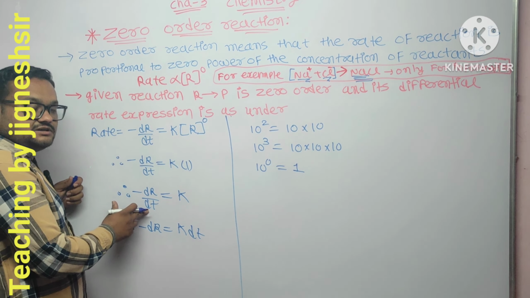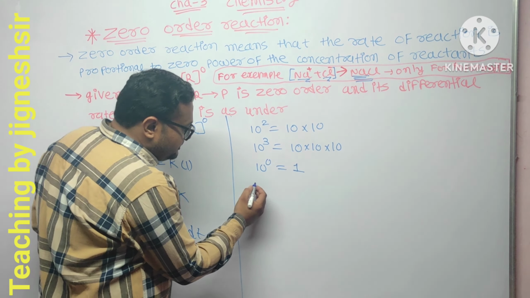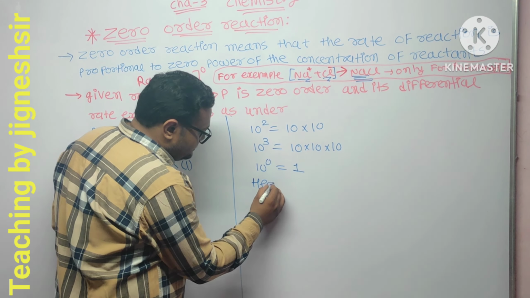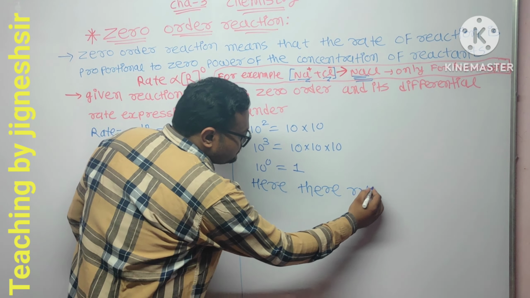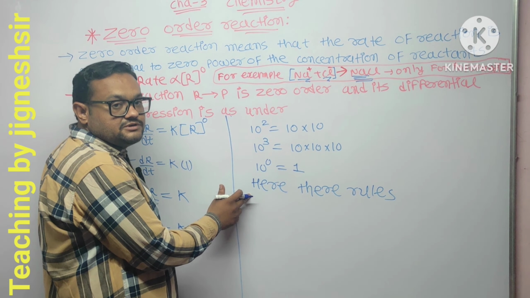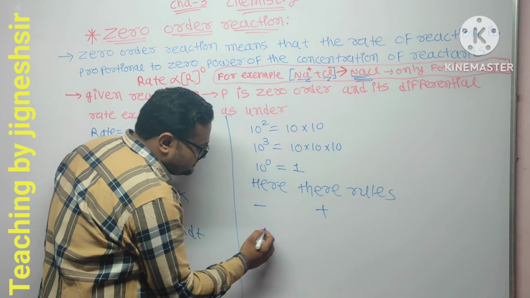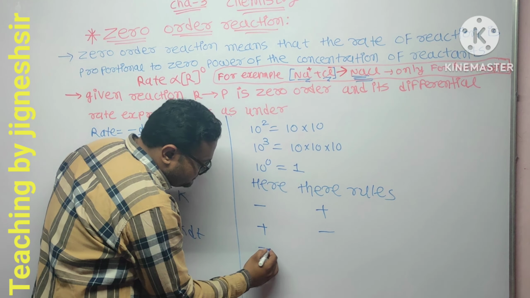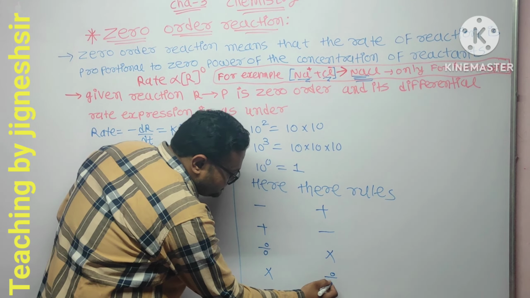Here dt is in division, there in multiplication. First we learn the rules for the equal to sign: minus goes to plus, plus goes to minus, division goes to multiplication, multiplication goes to division.